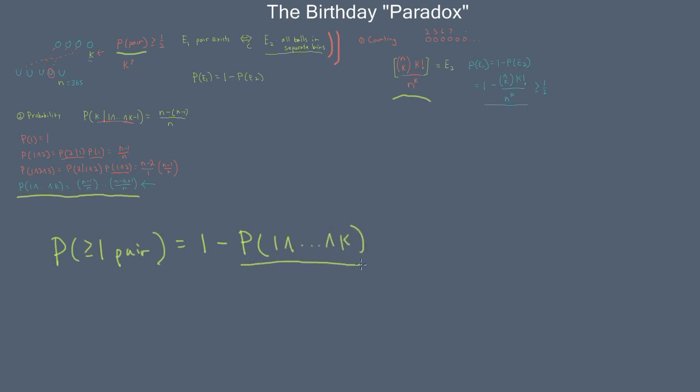So we want to bound this expression, which we found an expression for over here, in order to find a bound on the probability that we're interested in. So we're going to take the expression we previously derived. We're going to do a simple algebraic manipulation.